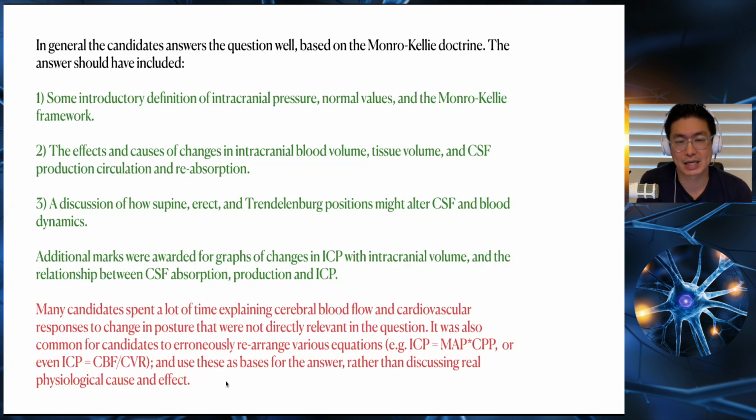The ones that the examiner saw were ICP equals MAP times cerebral perfusion pressure, or even ICP equals cerebral blood flow divided by cerebral vascular resistance. And they used these as bases for the answer rather than discussing real physiological cause and effect.